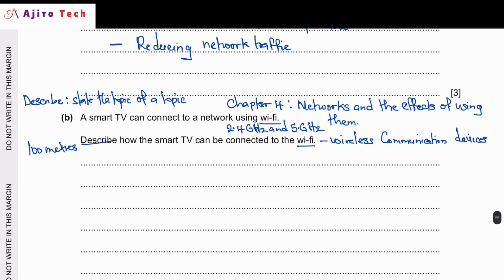The form marker. How the smart TV can be connected to the Wi-Fi. So the first thing is that you must give the complete steps. The user opens, and this is a practical question, open the settings menu on the TV.